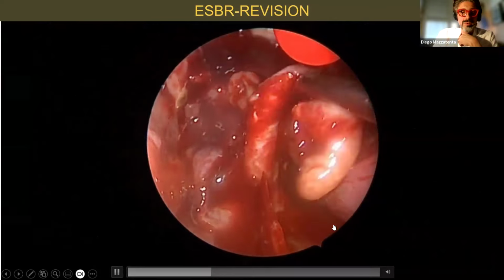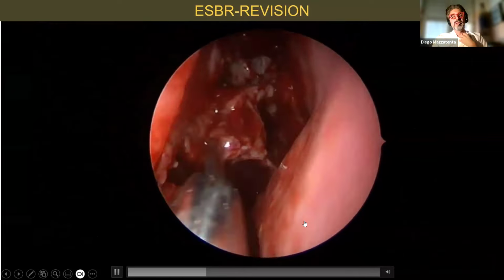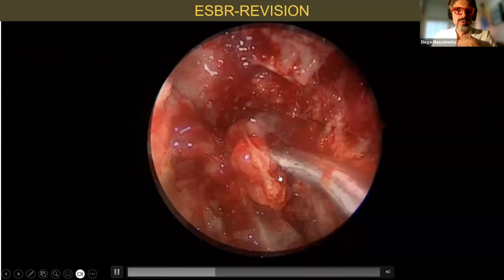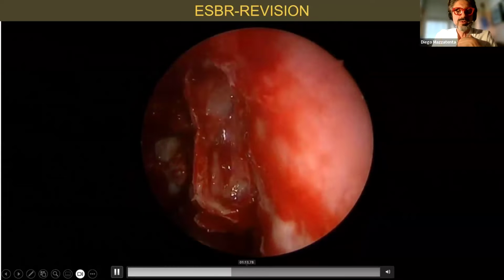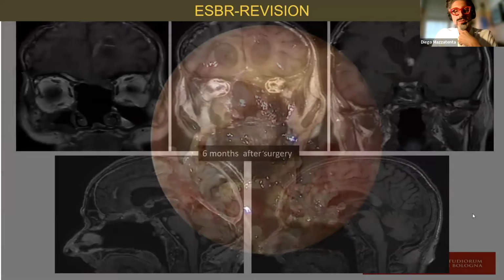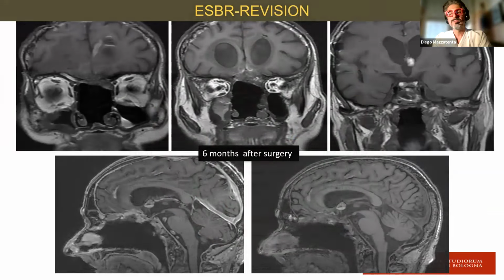We remove the mucoperiosteum of the nasal fossa inferiorly to the inferior turbinate, and we use this pedicle flap to put in front of the closure to try to close. The result was very effective, but don't forget when you plan your extended approach, don't use all the tissue in the nose. Always think of possible failure, because you need a vascular flap contralaterally. Don't use both if not necessary.